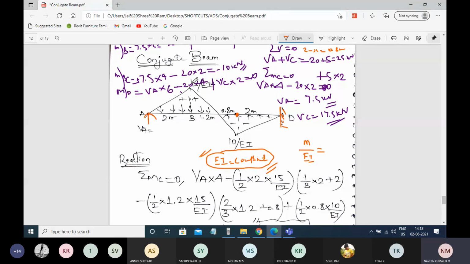Here the maximum moment at this point is 15, so 15 by EI. At point C it is 10, so 10 by EI. Like this you can write the conjugate beam loading. This is acting downward because it is positive, and here the moment we got is negative, so this will be acting upward.